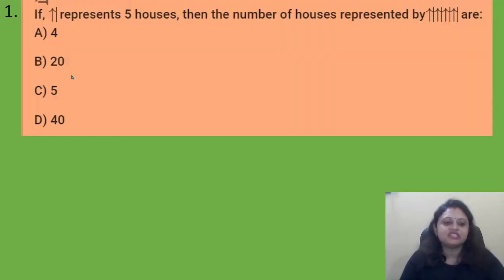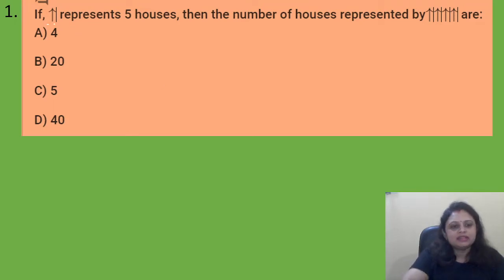Our first question, if this sign you can see here represents 5 houses, then the number of houses represented by this sign are A 4, B 20, C 5, D 40. So in the question it is given this sign represents 5 houses, then the number of houses represented by this.